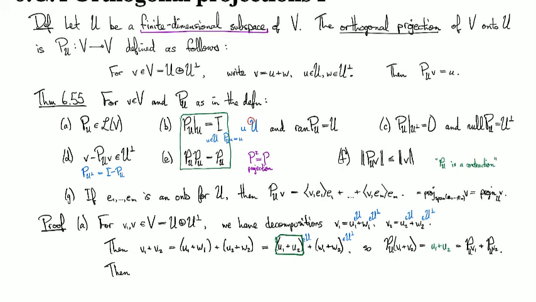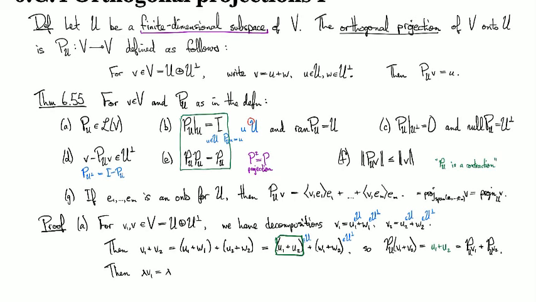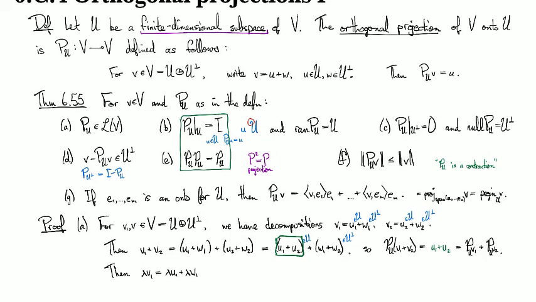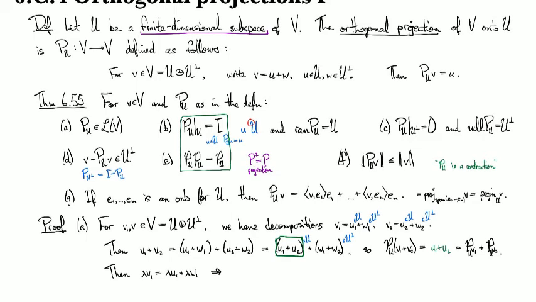And then the argument for scaling is much the same. So if we do lambda V1, this is lambda U1 plus lambda W1. And again, those two parts are in U and U perp respectively.